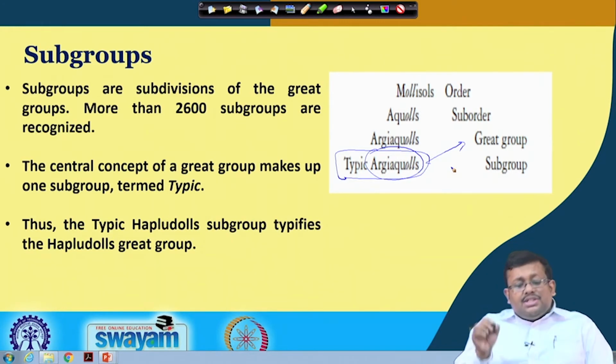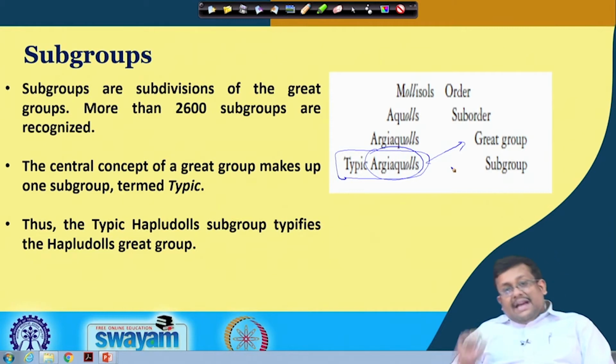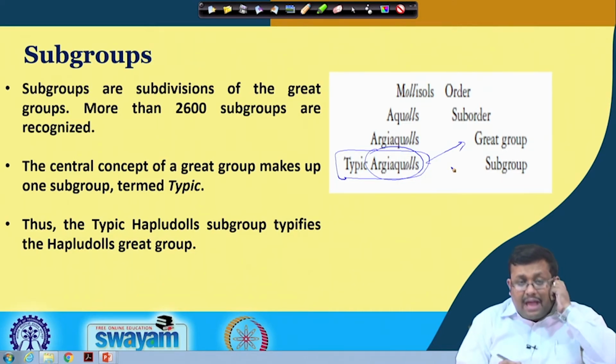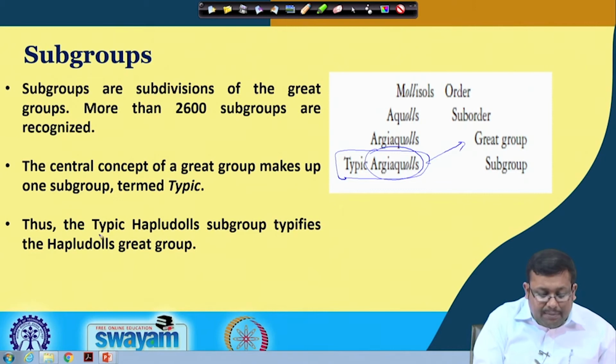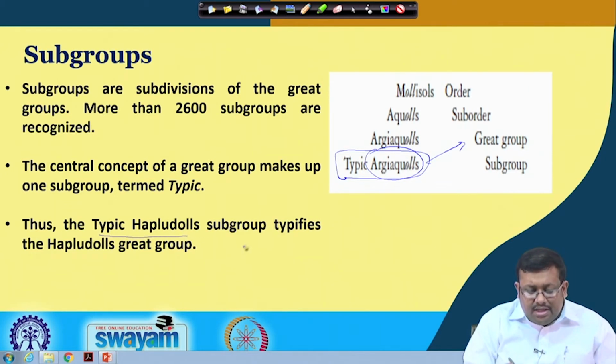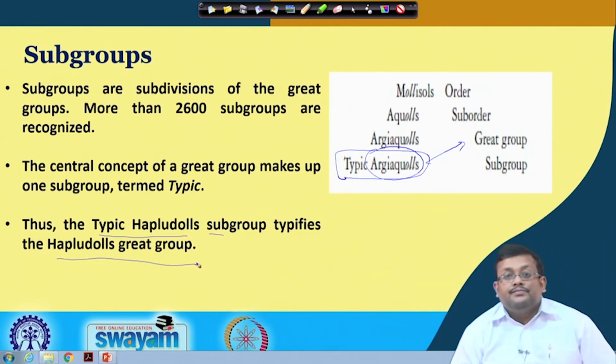The central concept of a great group makes up one subgroup, so in that case we generally use typic. Sometimes we use intergrades and extragrades when there are mixed characteristics. Here I have given one more example called Typic Haplustolls, and this subgroup typifies the Haplustoll great group.